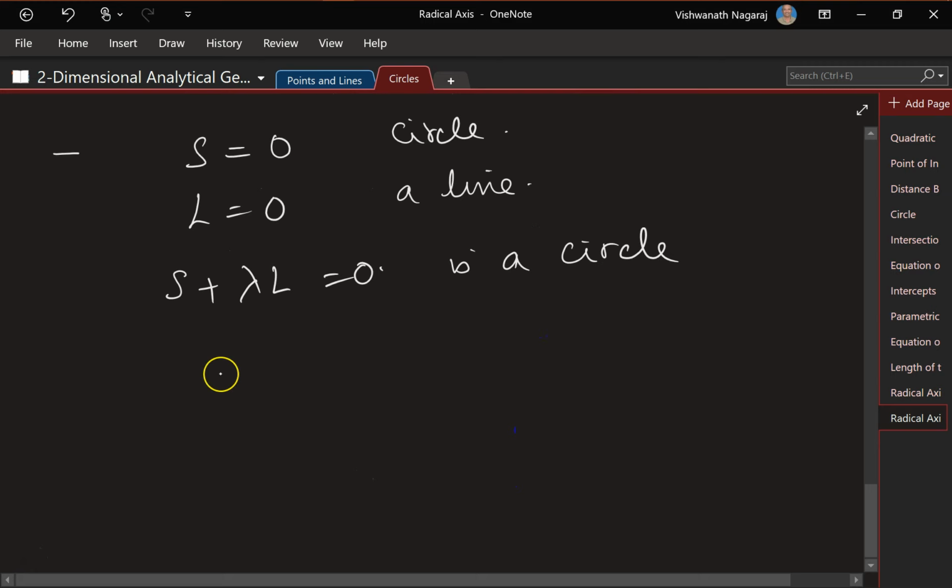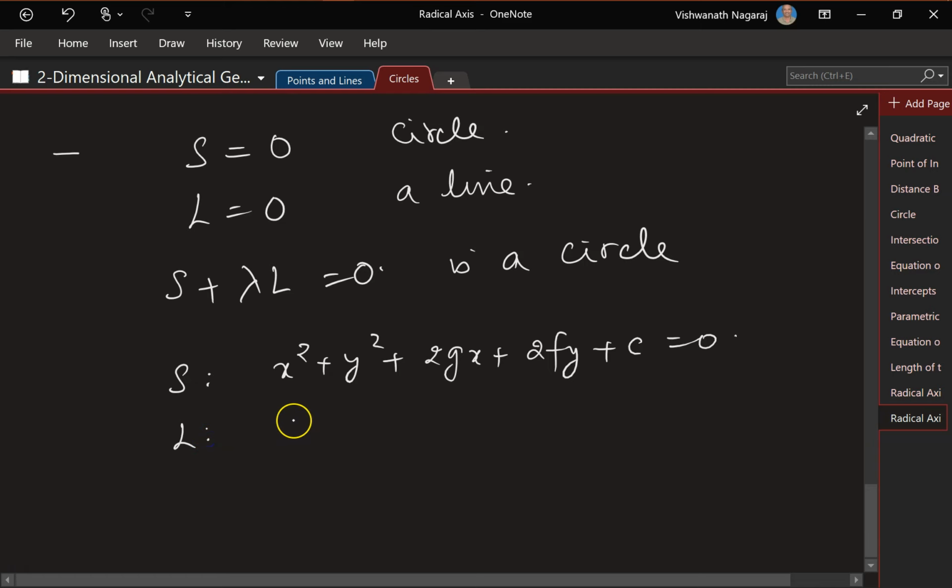Let's see. Let's say S is x square plus y square plus 2gx plus 2fy plus c equal to 0. L is let's say ax plus by plus c1 equal to 0, a different value of c.